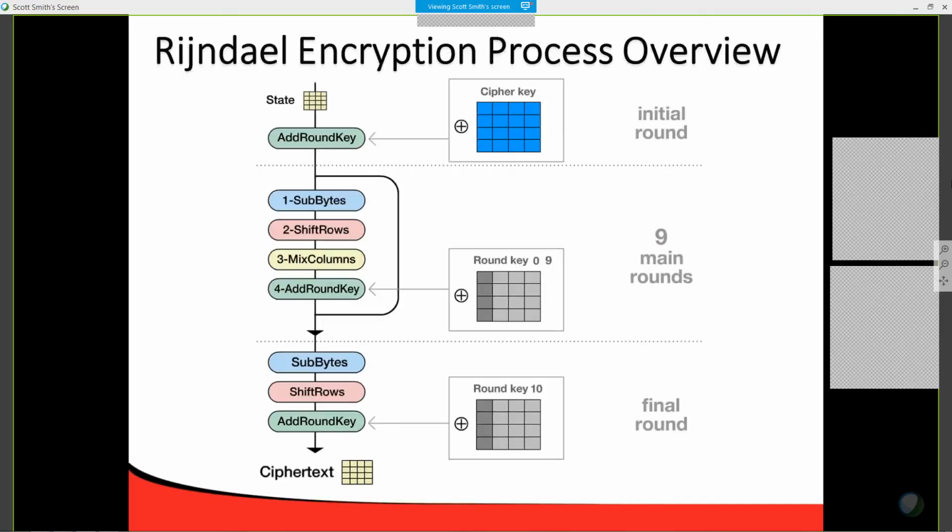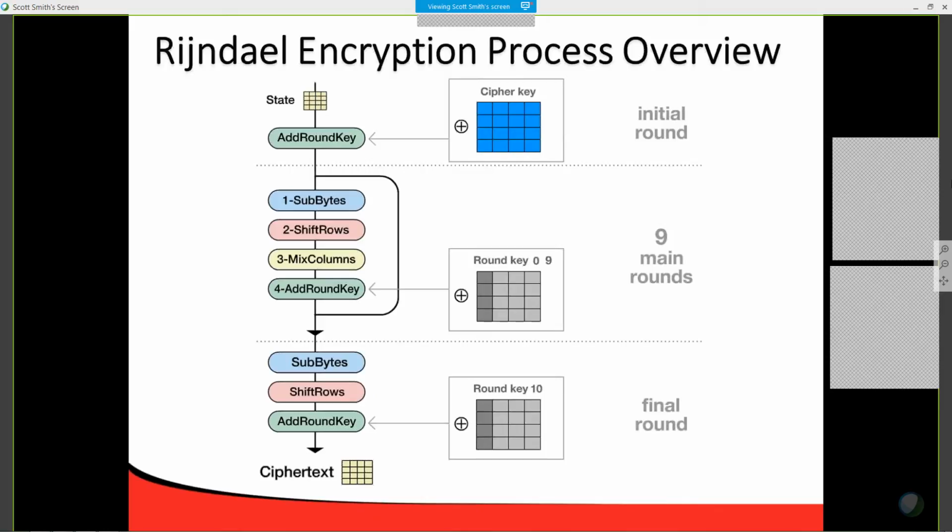So this is the whole cryptographic system. You've got your initial round. The state that you see at the top is your plaintext. You've got your key. You're going to do an XOR operation where you add the state to the initial round key. Then you go through 9 separate rounds, so this middle section here is done 9 times.